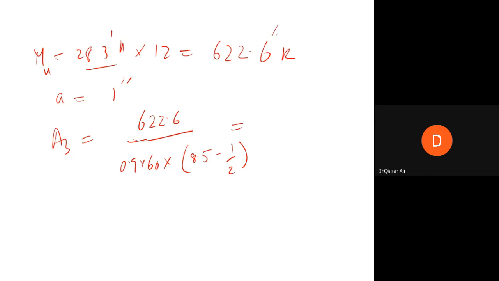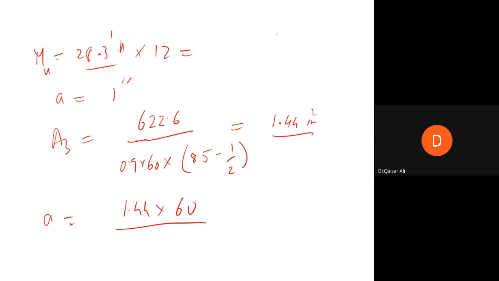This comes out to be 1.44 square inch. We'll calculate small a, As fy. 28.3 multiplied by 12, 339, okay, I'm sorry, 339.